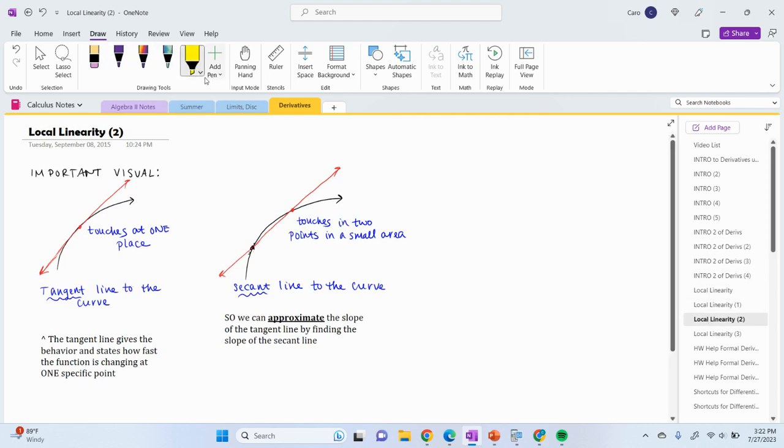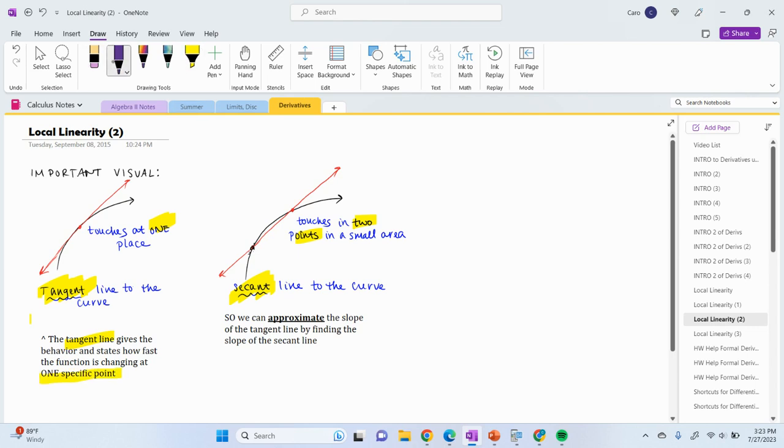Here's an important visual. I need to make sure you're all set with tangent versus secant line. A tangent line, and again, we're going to say this so many times this year, a tangent line to the curve touches at a single point. A secant line to the curve touches 2 points in a small area. The tangent line states how fast it's changing at a specific point.